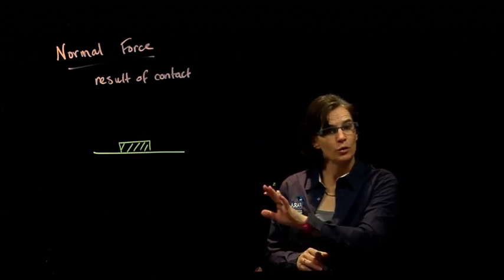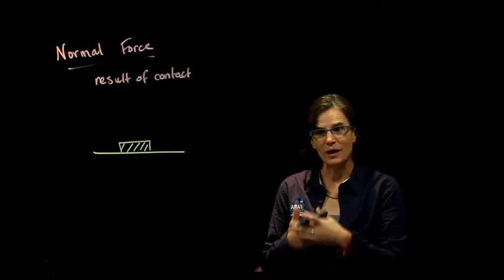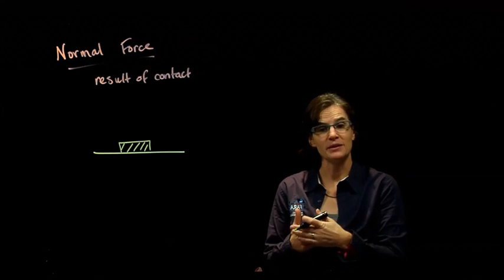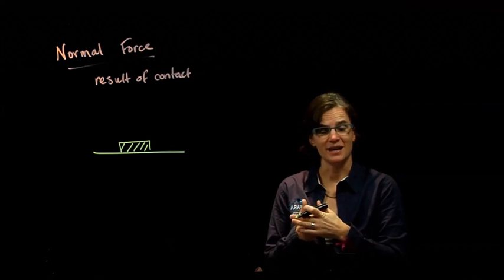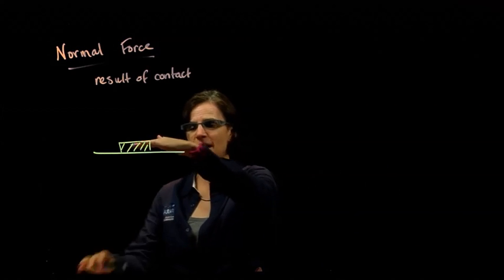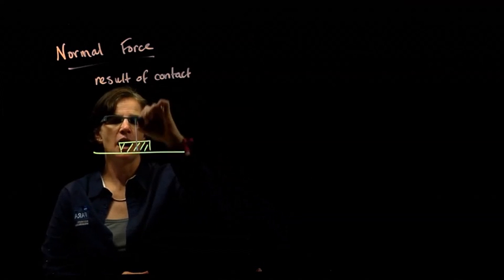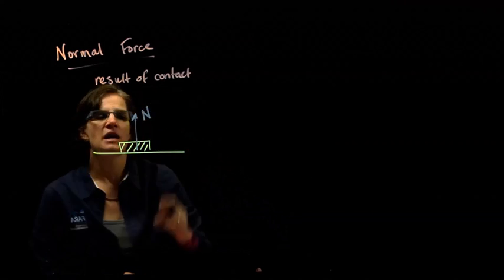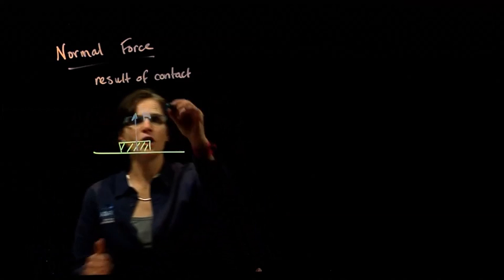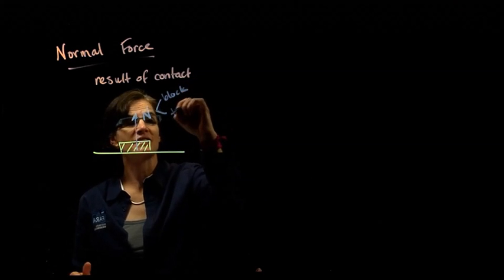Just looking at the normal force only, the block of wood is in contact with the table. And therefore, because of that contact, a normal force exists. If the block of wood is sitting on the table, it's squishing the table, and the table is pushing back in the upward direction. That normal force is the result of the block and the surface, the table.